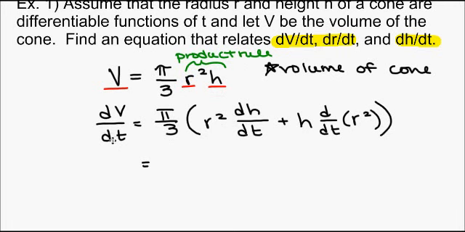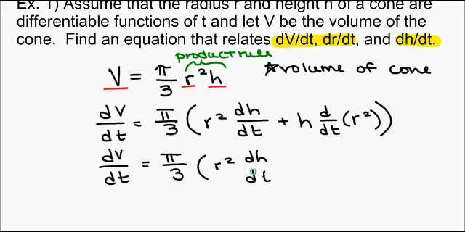I can't really simplify this anymore, so this side is just going to stay the same. Pi over 3 stays the same. r squared dh/dt stays the same.